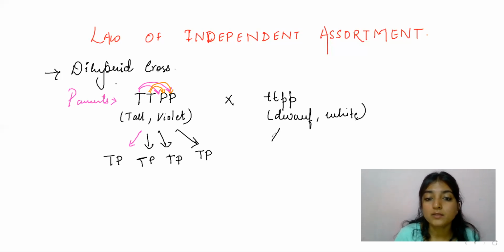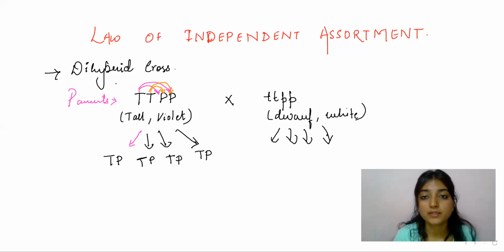For this one, again we will get four gametes. First let me explain how I am writing this.